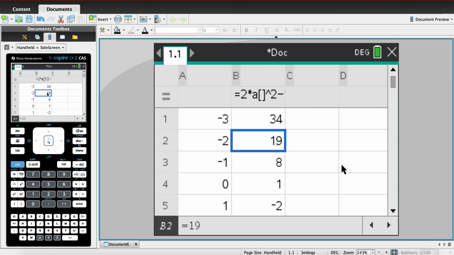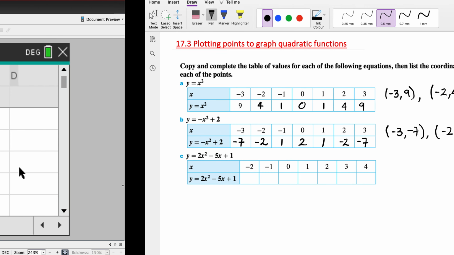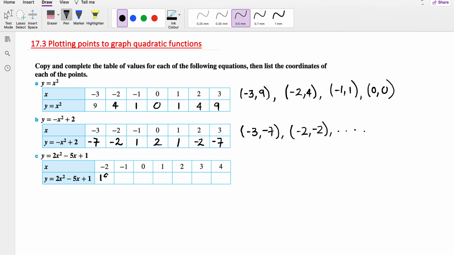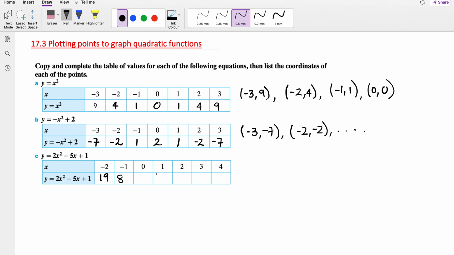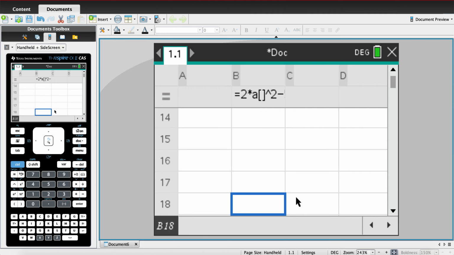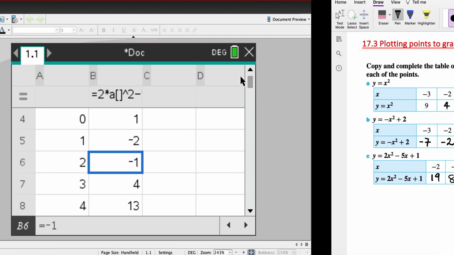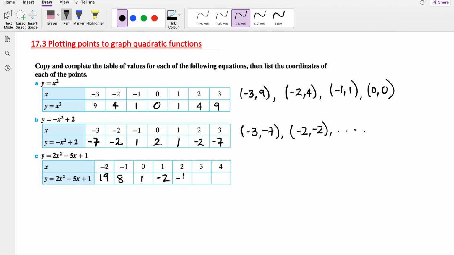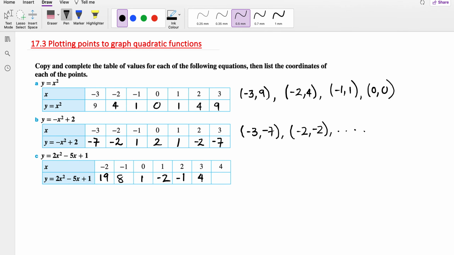Just remember that I'm starting from -2. So this one is going to be 19, 8, 1, -2, -1, 4, and 13.